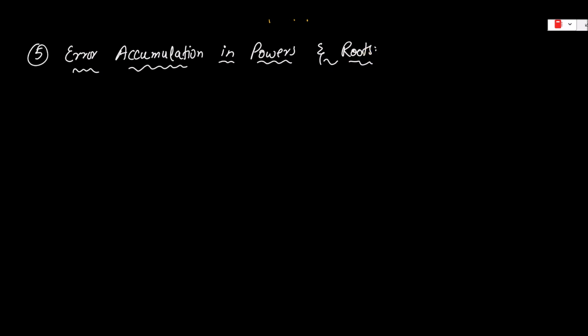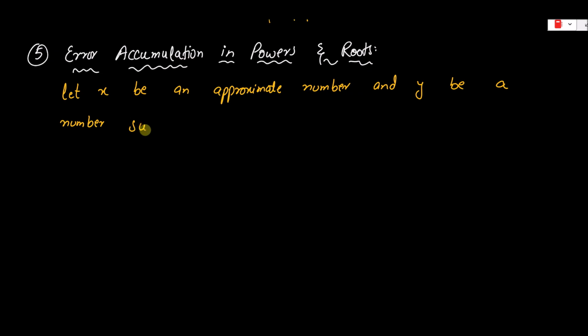For the proof of this, we are considering: let x be an approximate number and y be a number such that y is equal to x raised to n, where n is a real number.